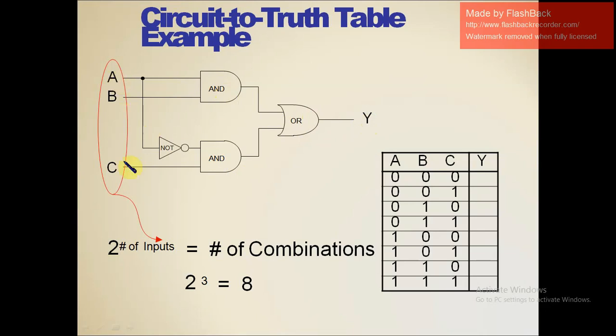Here we have three inputs, hence 2 raised to 3 gives 8 combinations, hence we prepare the truth table from 0 0 0 to 1 1 1.